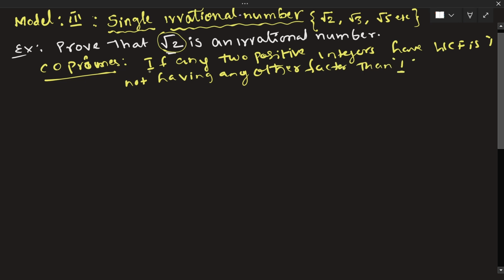So when we take any two numbers and factorize them, they must have only one common factor, that is only 1. Then only the two numbers can be said to be co-primes.